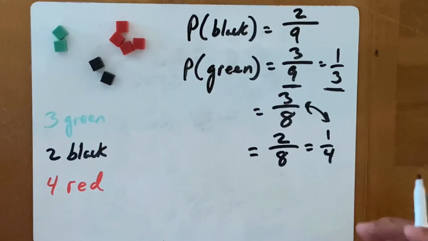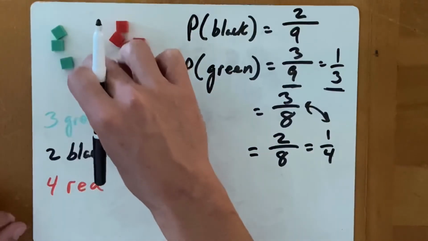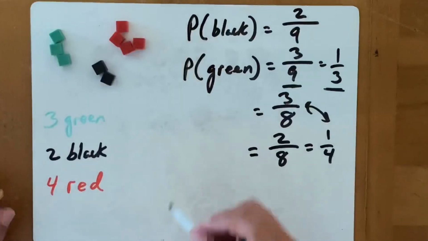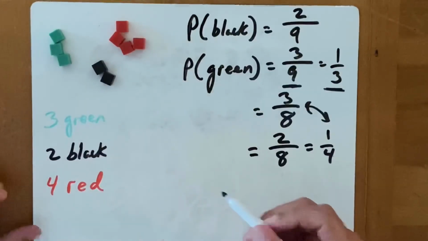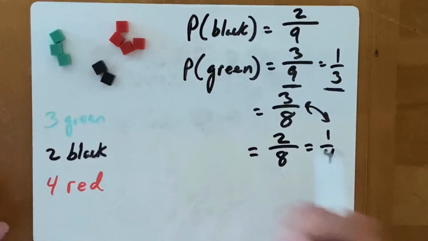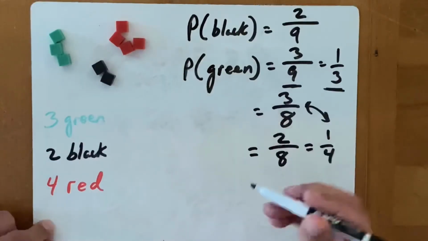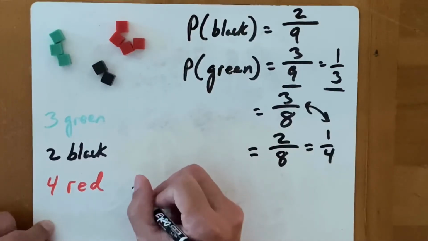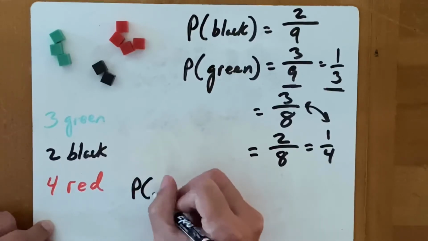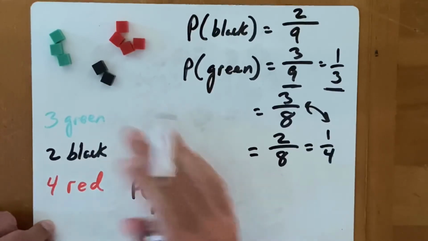Now let's say we wanted to figure out the probability of reaching into the bag and pulling out a green one on both the first and the second attempts if I don't put the cubes back after I pull them out. That way it'd be a dependent event. So what's the probability of pulling a green, with everything in there?